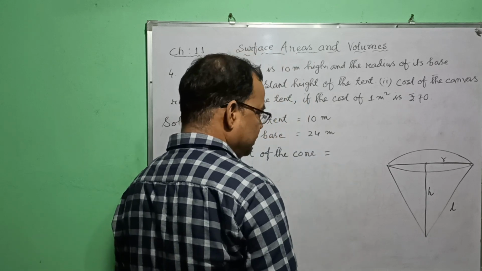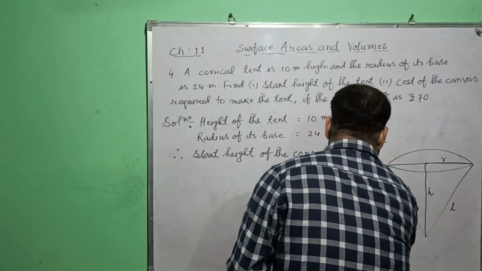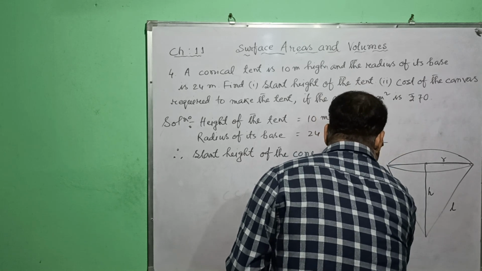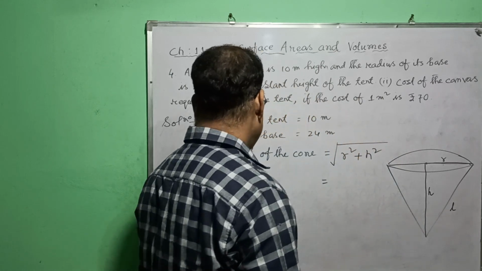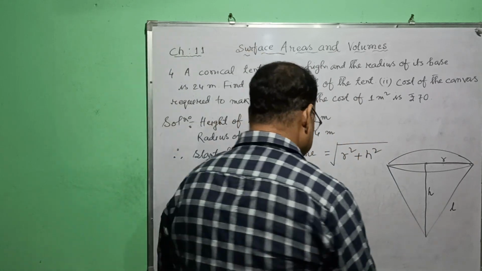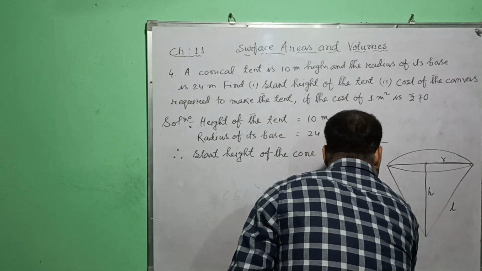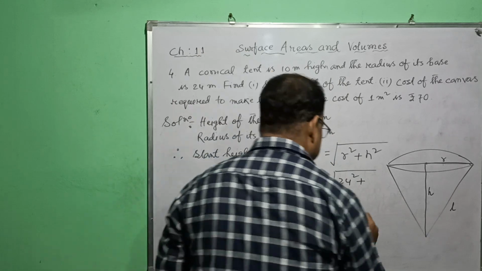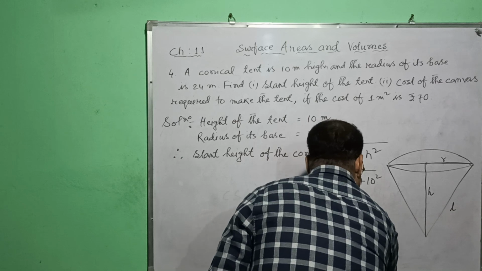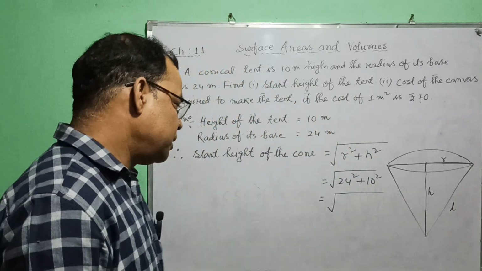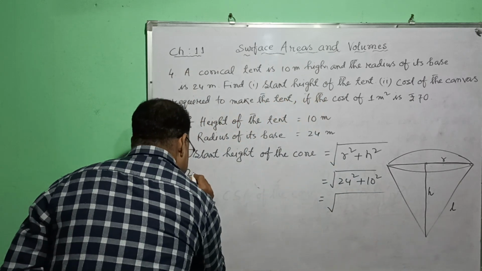So slant height equal to, directly if we want to write, square root of r square plus h square equal. So r is 24, so we can write 24 square plus height is 10, so 10 square. 24 square is 576.